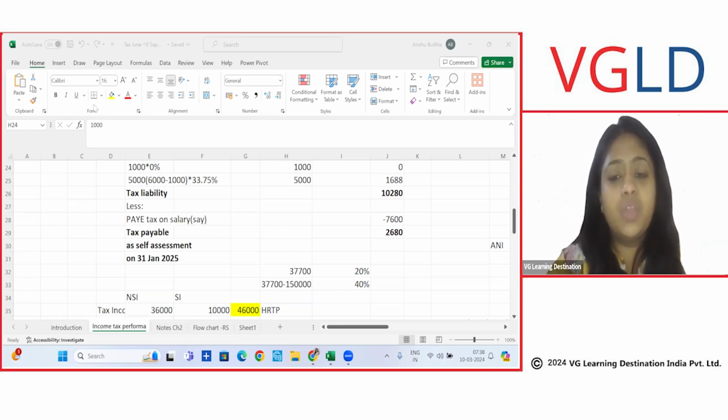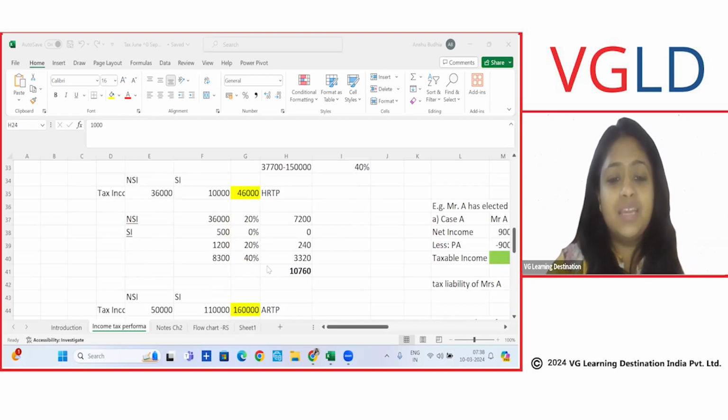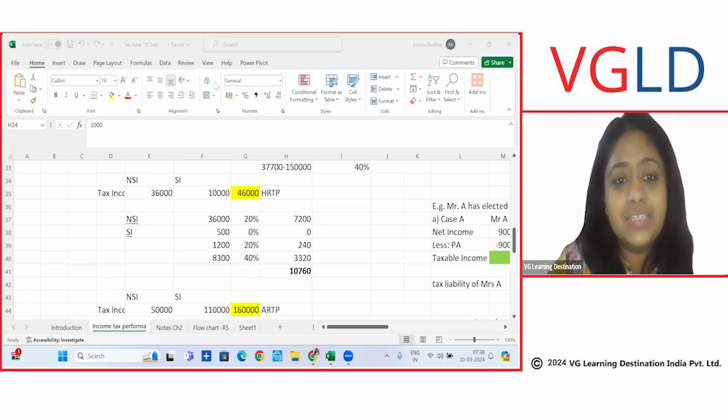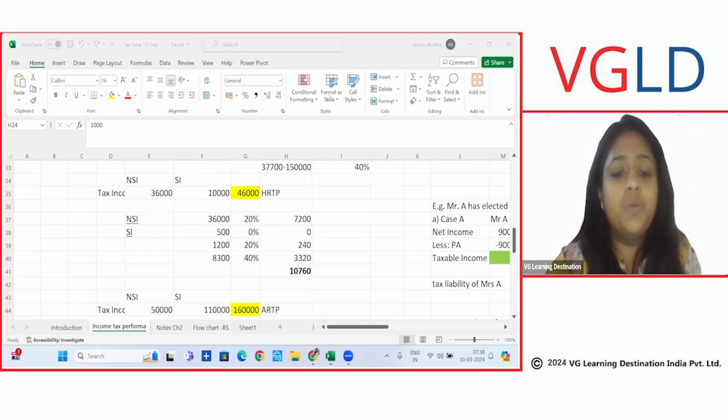Ashna? Okay, take your time. I'm just cross-checking everybody's answer now. So let's see first what is the correct answer. The correct answer is 10760. Okay, let's see who gave the correct answer. Nikita. And let's see where others went wrong.